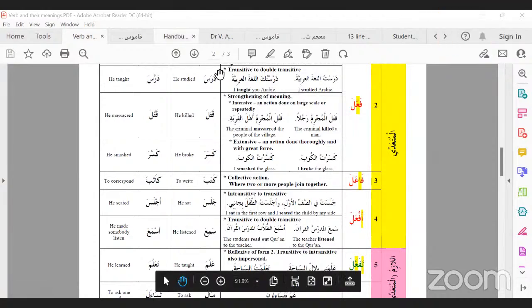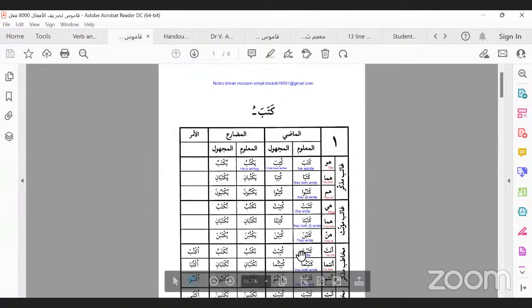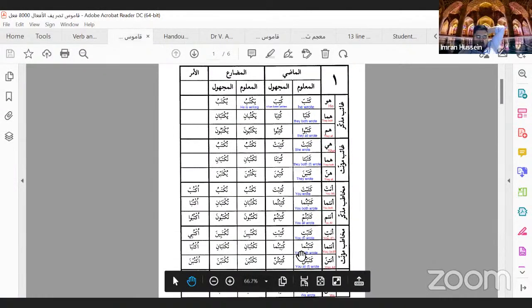Hang on, let me bring this template, which will help you.